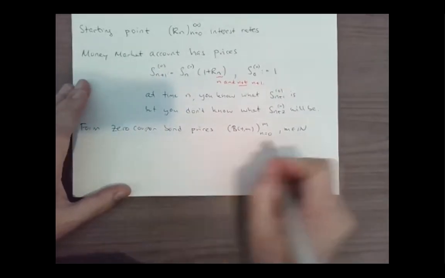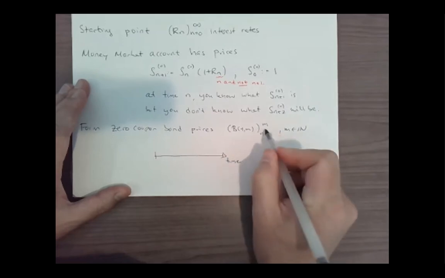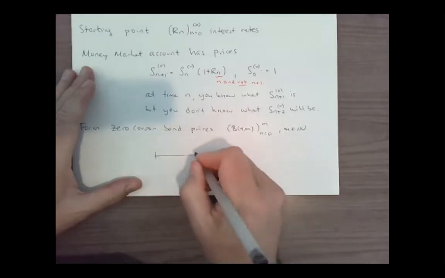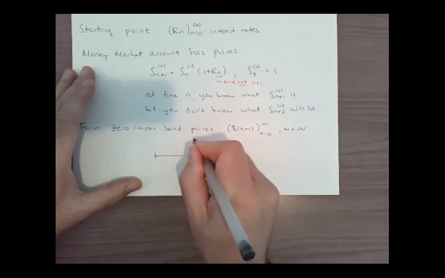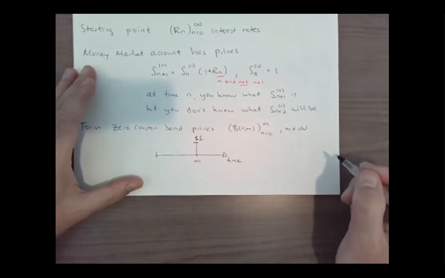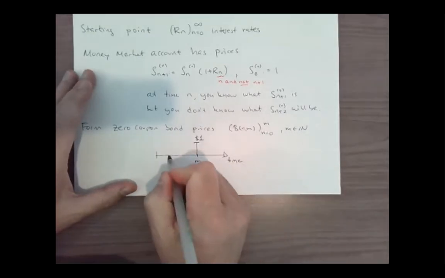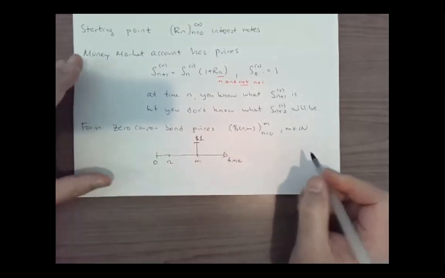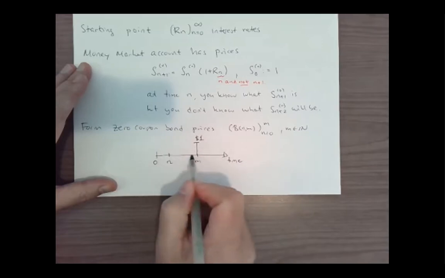What these do is we have a timeline, and m is the maturity for the zero coupon bond. A zero coupon bond is a bond that pays out only one time, and it pays out $1 at time m. And n here runs up to m. What we're interested in is figuring out what the price should be at an earlier time.